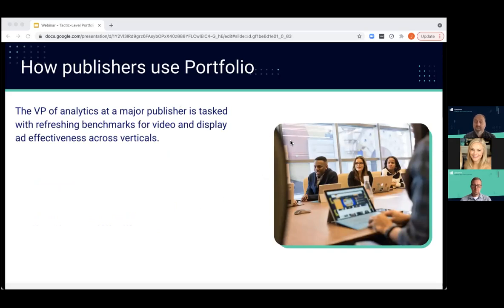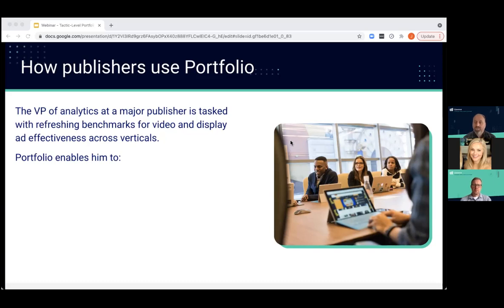The VP of Analytics at a major publisher is tasked with refreshing benchmarks for ad effectiveness by ad type and by vertical. The latest portfolio features make the task a much lower level of effort than it has been in the past. He searches and selects for groups of campaigns that fall under the different verticals, and he uses the cuts pane to isolate video and display ad types.